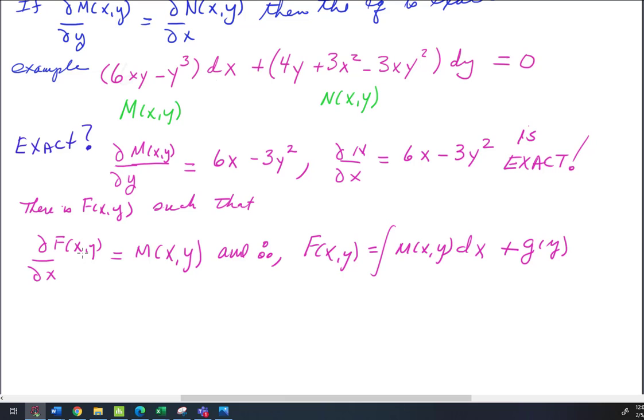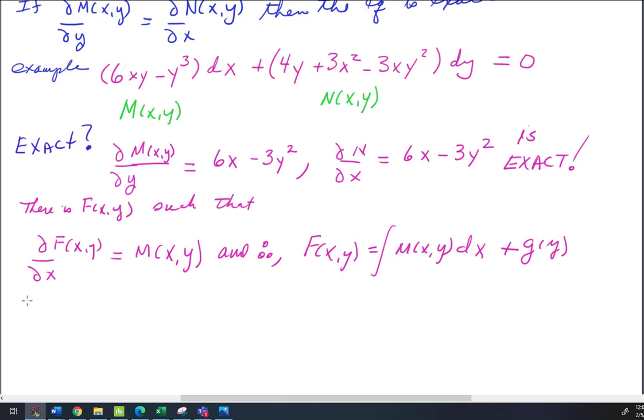If it's just y alone, or y squared, or 7y squared, or the sine of y, those terms are going to be 0. And so if I integrate, I'll get f equals the integral of M, and some function of y alone. I've indicated that by g of y.